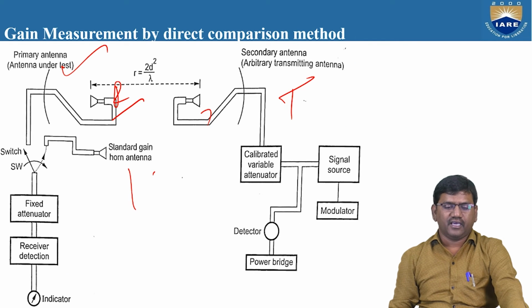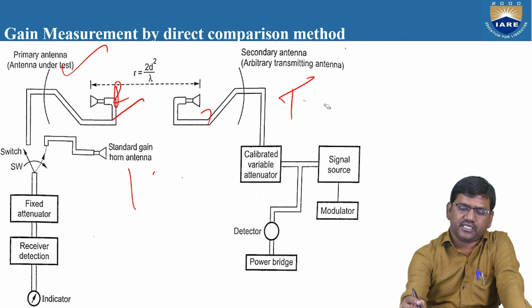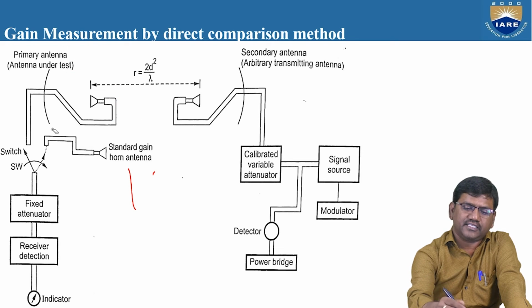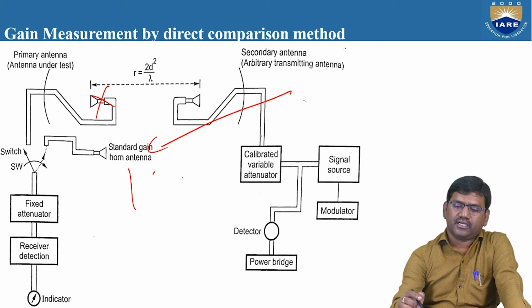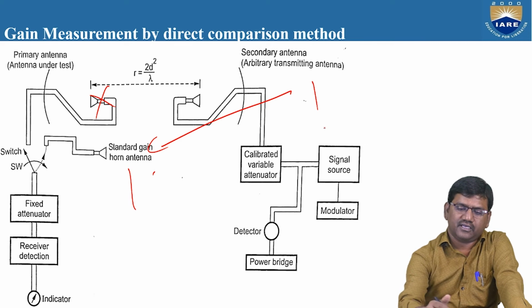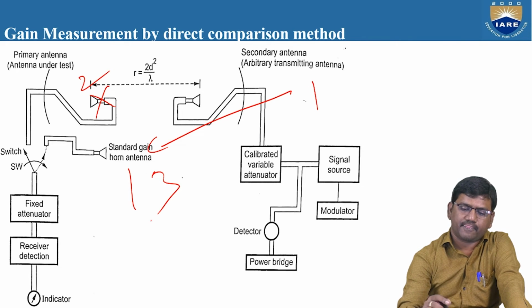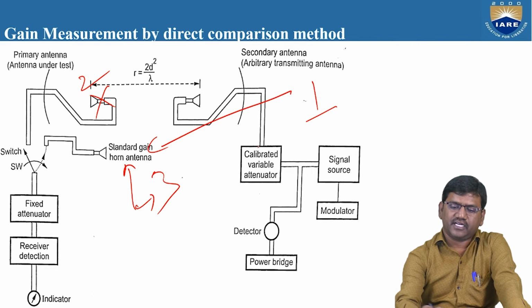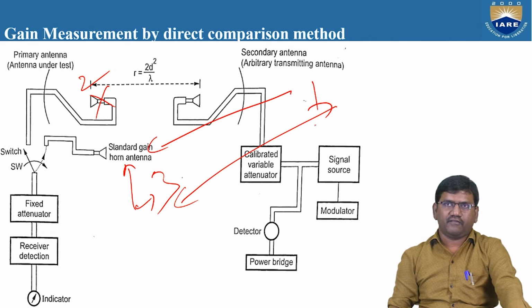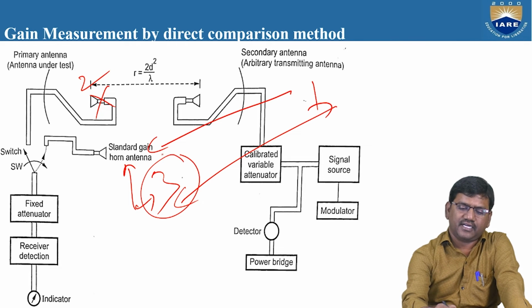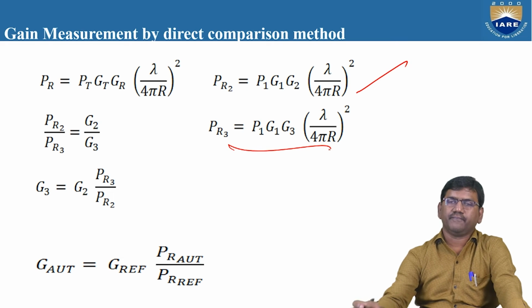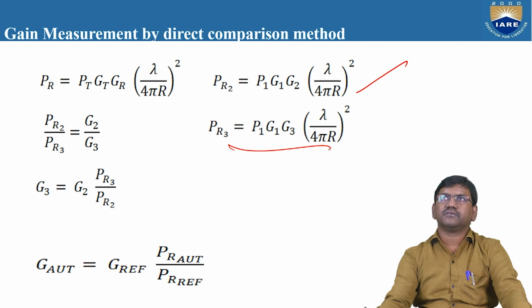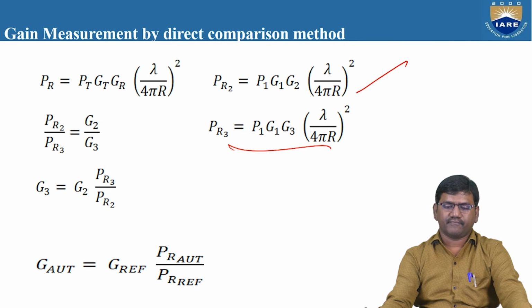Similarly, when we disconnect this antenna and connect these two antennas, let us assume this is 1, this is 2 and this is 3. When we connect 1 and 3, the amount of power received at antenna 3 is given by the equation PR3 is equal to P1 G1 G3 into lambda by 4 pi r whole square.